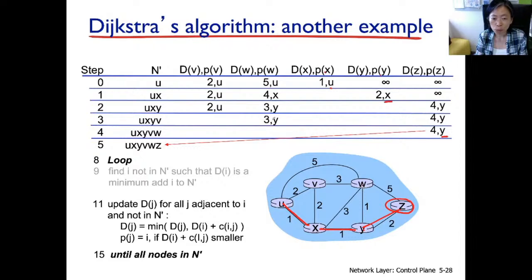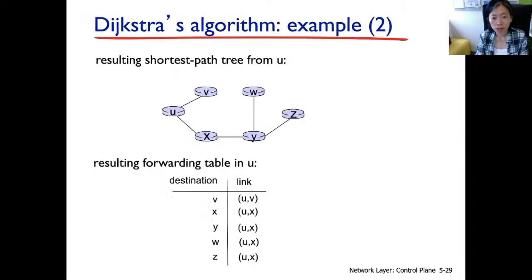Predecessor of W being Y, so right here. B's predecessor, yeah, simply U. So this here is the shortest path tree built from Dijkstra's algorithm. And that's what you see.